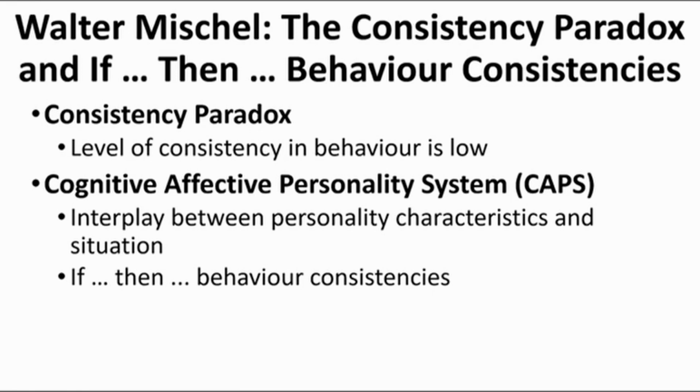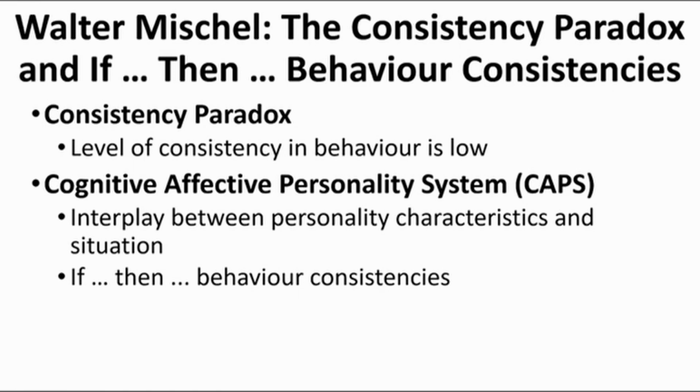And for a lot of people, looking at this inconsistency in behavior was starting to make them doubt the idea of solid personality traits. They would say that, well, if our behavior isn't consistent, then maybe personality isn't consistent either. But Mischel argued that it isn't just personality, it's also other external factors.